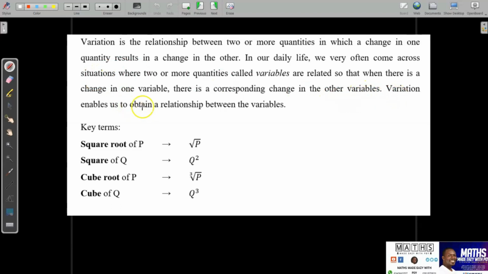Variation enables us to obtain a relationship between variables. So your feet size may cause a change in your shoe size. Your body size may cause a change in your clothes size, and so on and so forth.